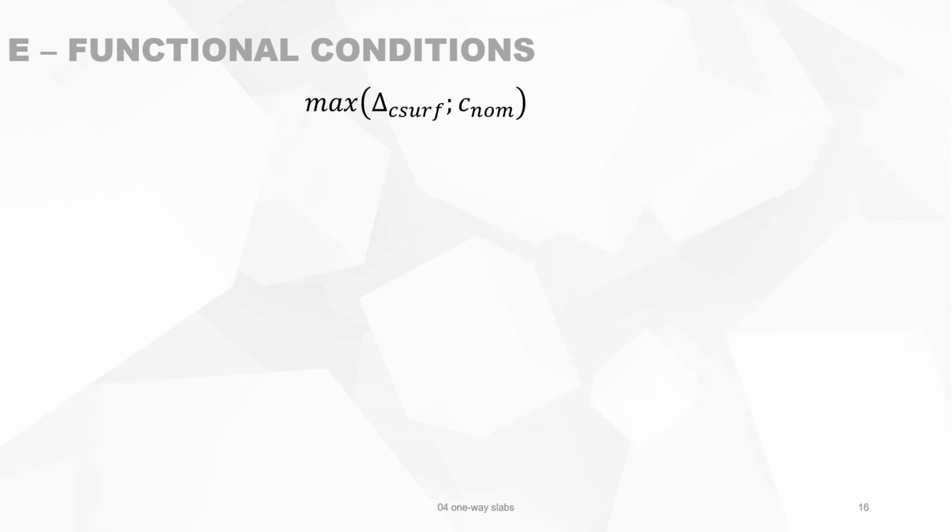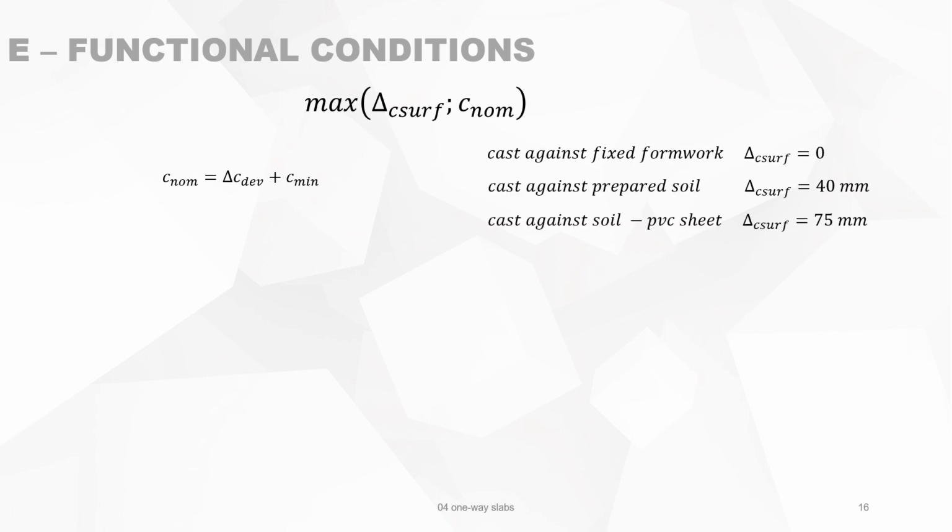You can calculate the needed concrete cover by the following method. First of all, you take the maximum value of the surface coefficient and the nominal cover. The nominal cover is given by the minimum concrete cover plus a tolerance, and the surface number depends on the formwork.